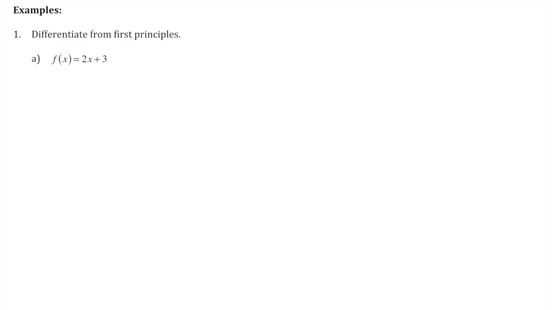Before we differentiate from first principles, I'm going to write the formula down. To find the derivative, f dash x equals the limit as h approaches 0 of f of x plus h minus f of x over h.